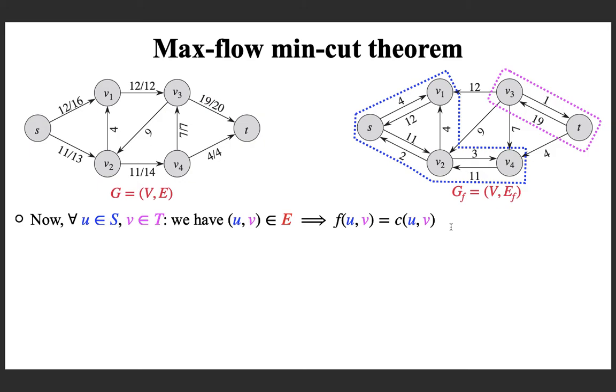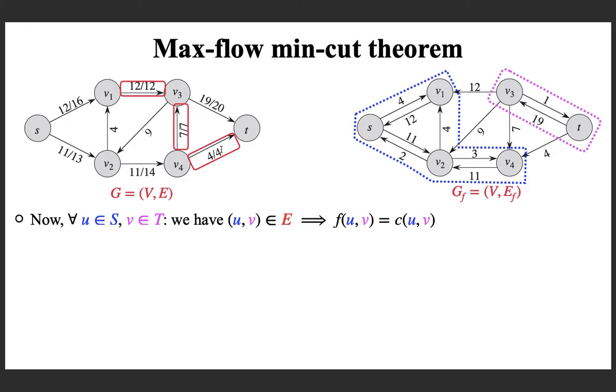Maximum means it is the capacity of that conduit. For example, these are the 3 such edges crossing that cut: 1, 2 and 3. And in this particular example, you can verify that all these flows are maximum. It is utilizing the full capacity on every conduit.